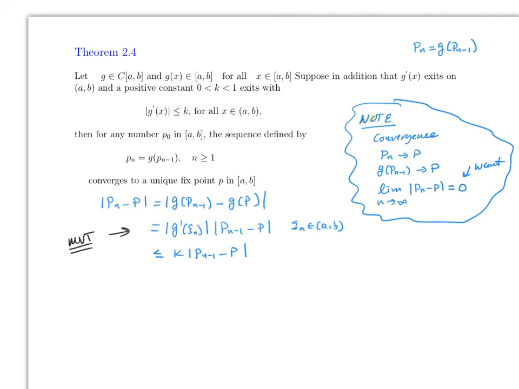Now, if we do this one more time, notice the similarity between this and this.